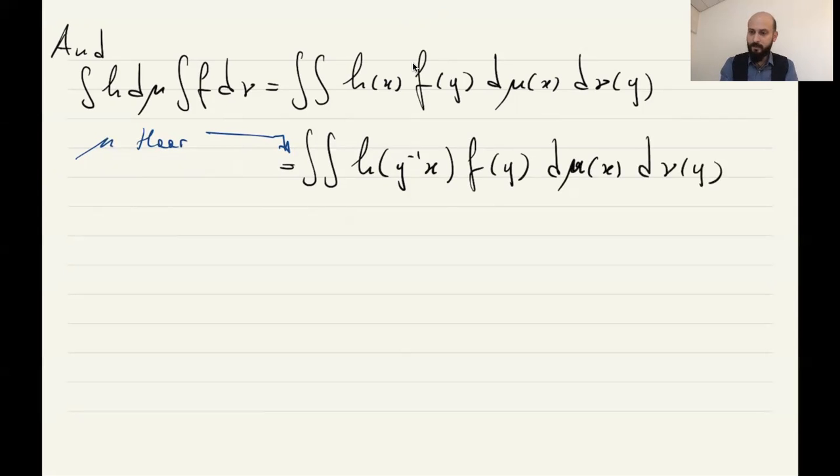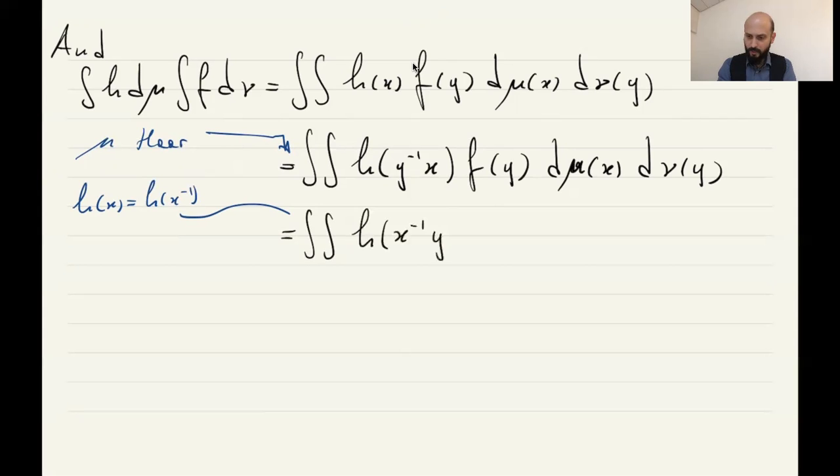Now let's use the fact that h(x) is equal to h(x minus 1), and we have the integral of h(x minus 1 y) f(y). But now I'm going to swap the order of the integral as well, d nu(y) d mu(x).